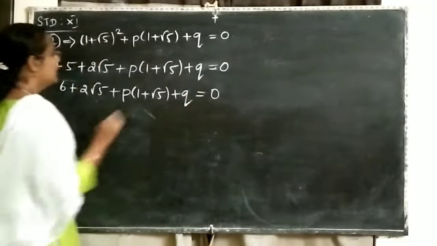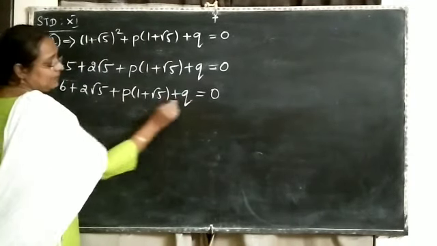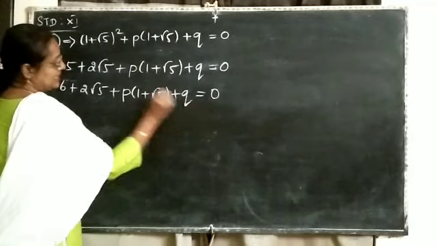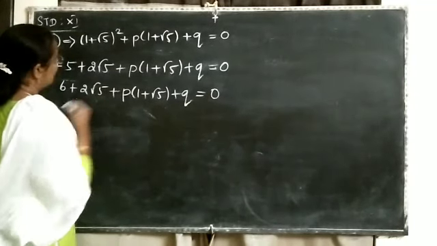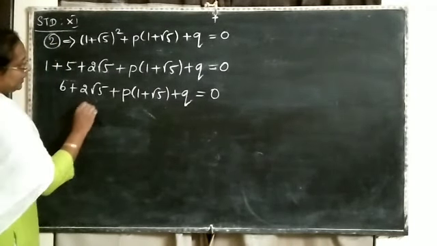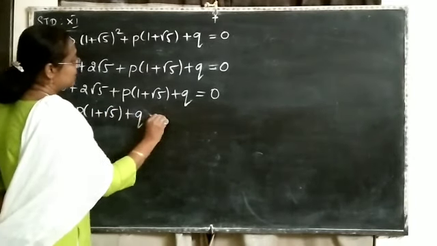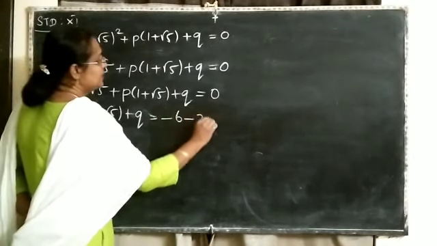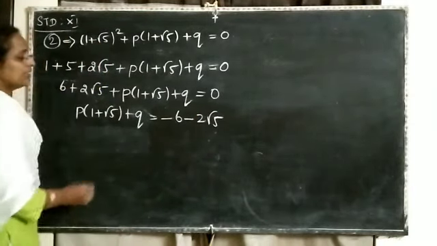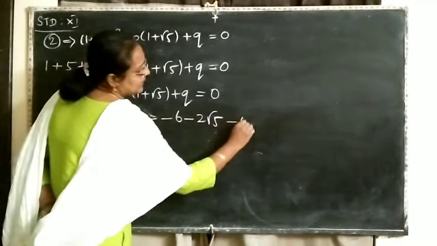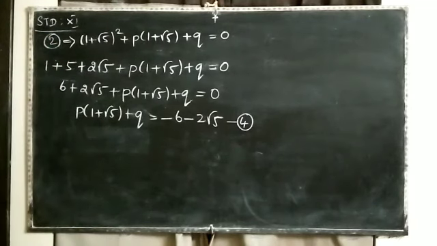Now, keeping the p and q terms alone on the LHS, I am going to place the rest on the RHS. So I will get p into 1 plus root 5 plus q is equal to minus 6 minus 2 root 5. Let us take this as the fourth equation.